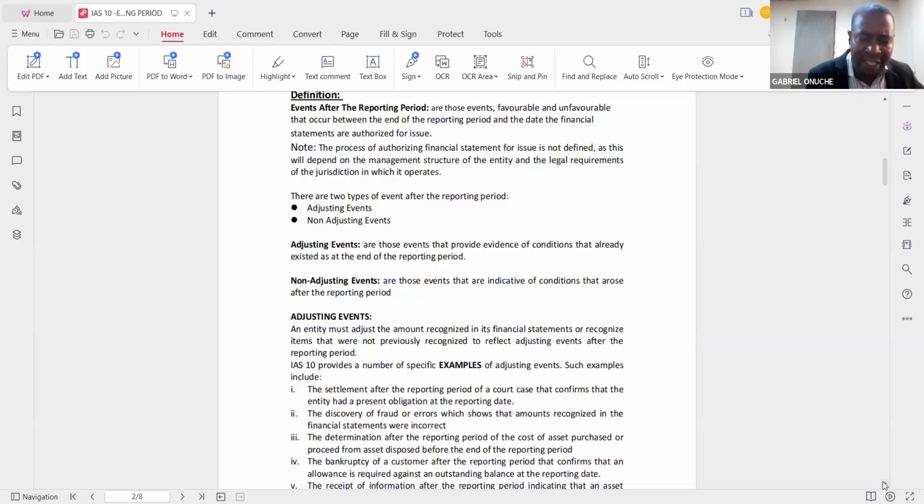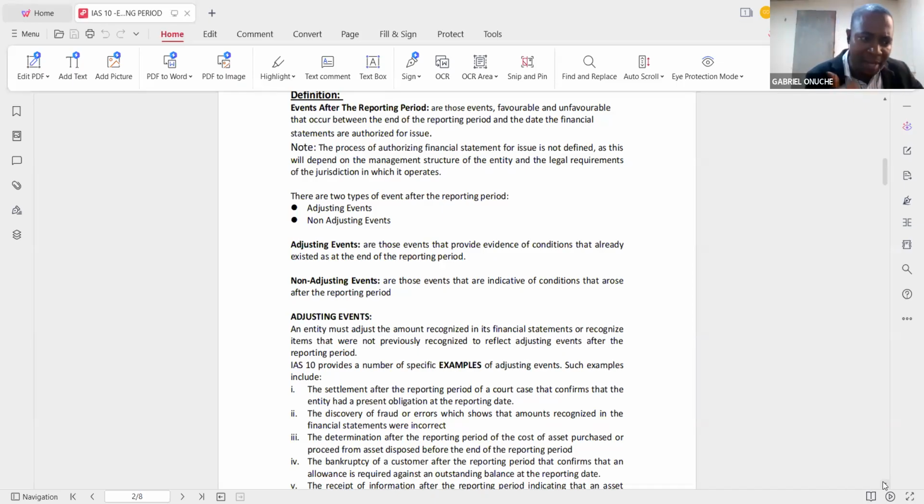Now, this financial statement is presented to the board of directors, let's say on the 15th of March. Take note of 31st December, 31st of January, and now March.